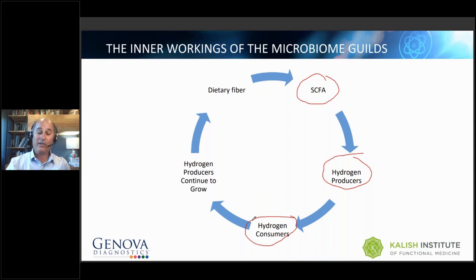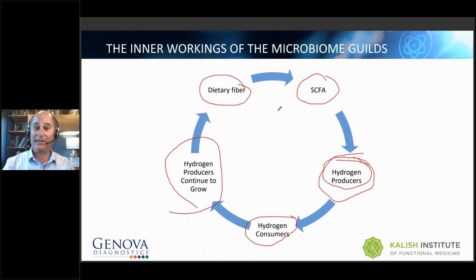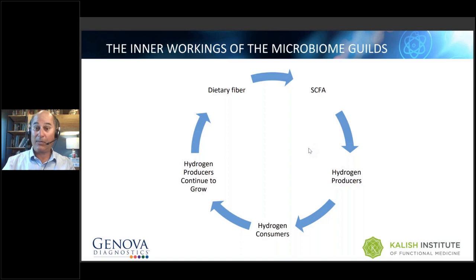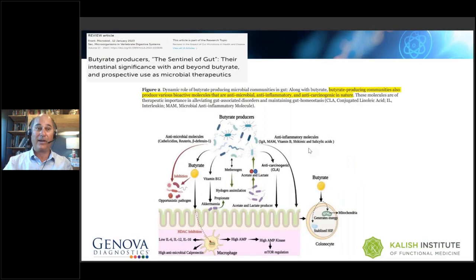And as the hydrogen consumers consume hydrogen, it creates more space for the hydrogen producers to grow. See that? So it's this cycle that starts with food. If you don't have fiber in your diet, then none of this is going to happen. And now you can see why so many people have problems because they don't eat enough fiber.